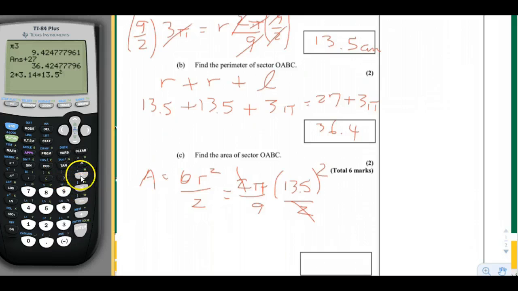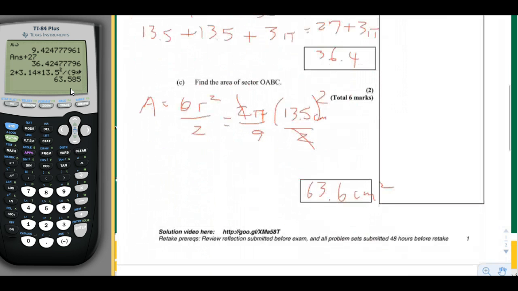Now, if I divide by 2 times 9, I would have to put parentheses. Okay, and I get 63.6 centimeters squared, right? Centimeters squared. The centimeter squared comes because we put centimeters here, and they're squared.